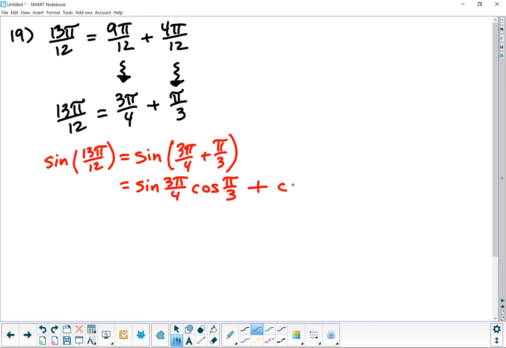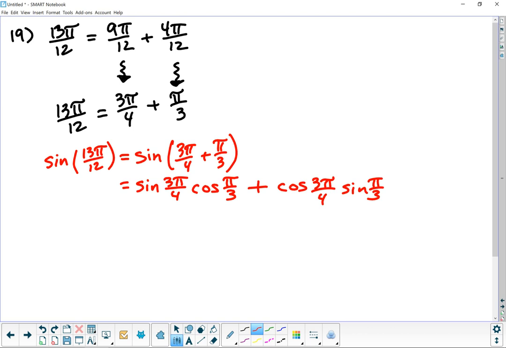Plus cosine. I usually don't switch the angles; that's how you get mixed up. I switch the trig function only. So cosine 3 pi over 4 times sine pi over 3.